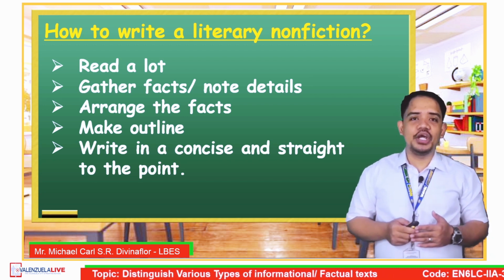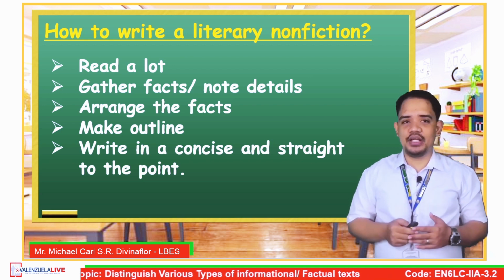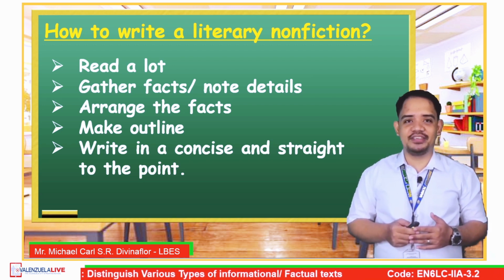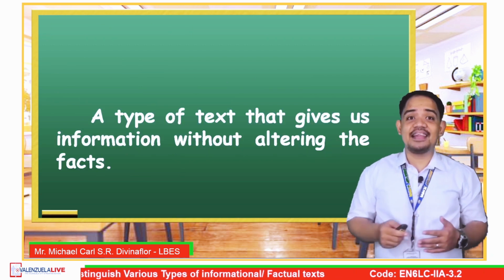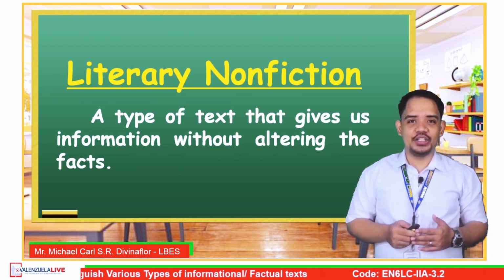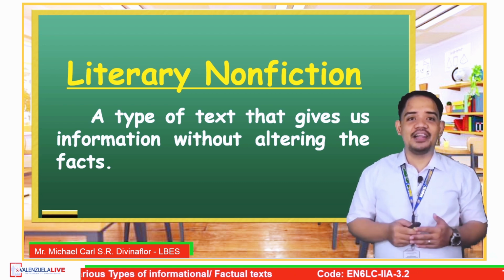In that way, you can write a concise and straight to the point literary nonfiction text. And that is literary nonfiction, a type of text that gives us information without altering the facts.